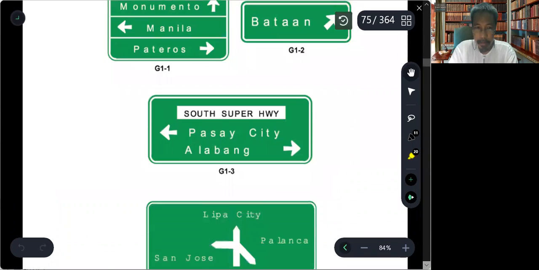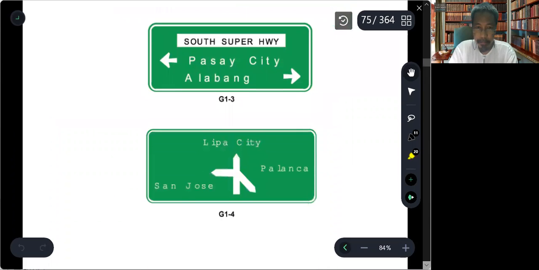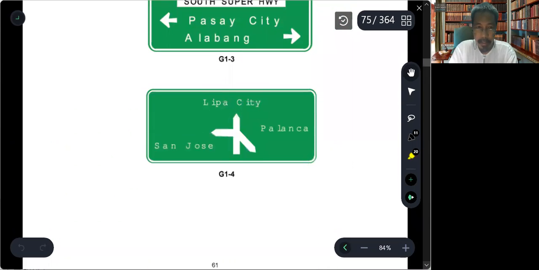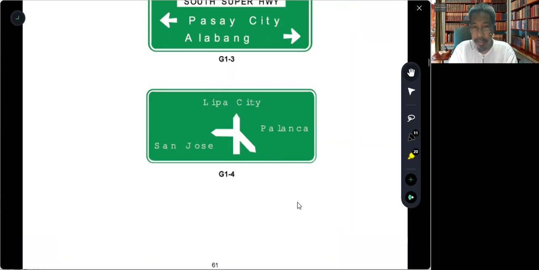So, those are examples of stack signs. Okay. What about diagrammatic? So, diagrammatic is this one, G1-4, diagrammatic type. So instead of just having arrows, you have some sort of diagram. But this is still not to scale. This only shows representative direction. Okay.